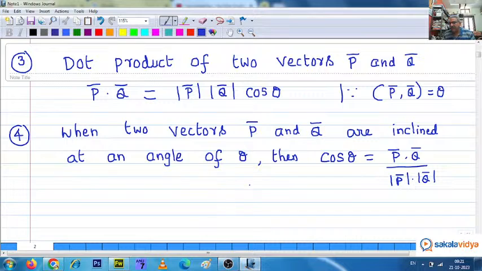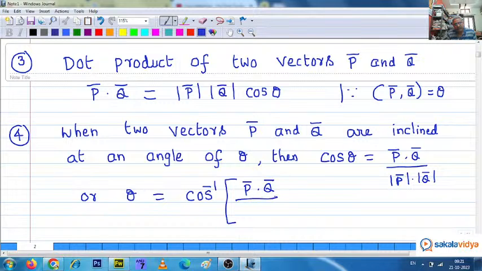So using this formula you can find out the angle between the two vectors, or it can be interpreted in theta terms also. Theta is equal to cos inverse of p dot q upon mod p into mod q.